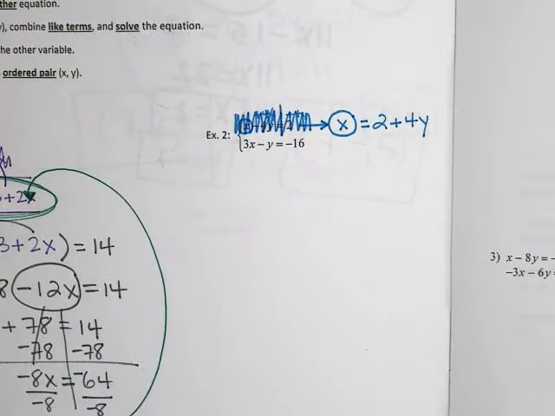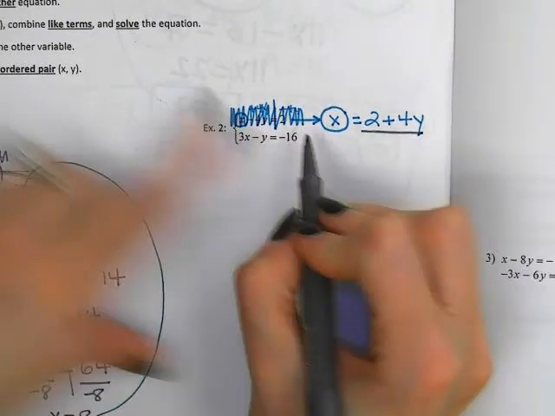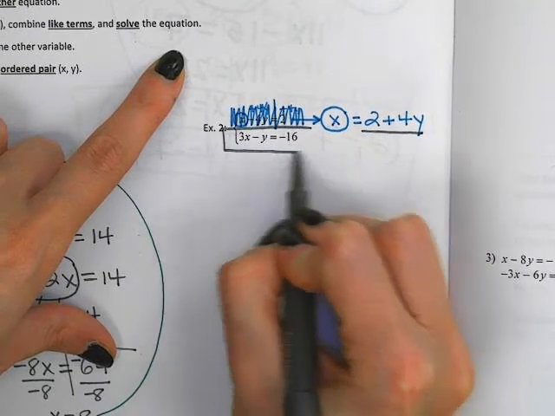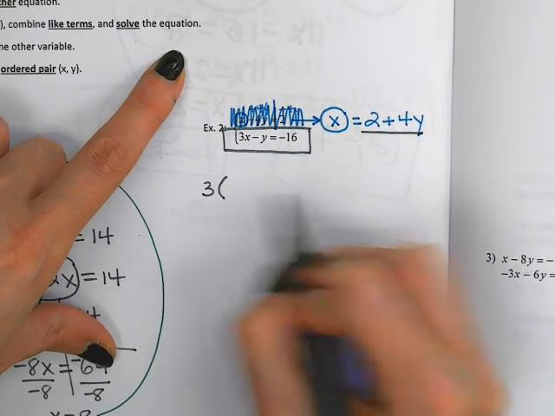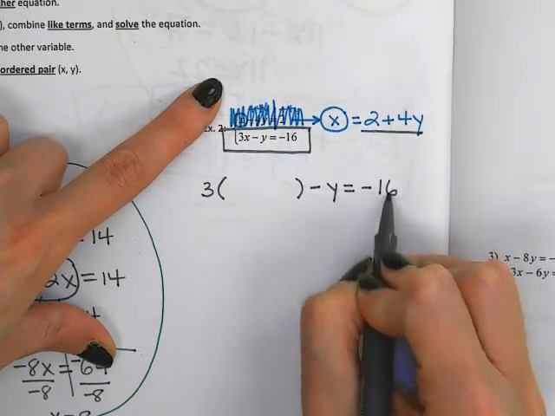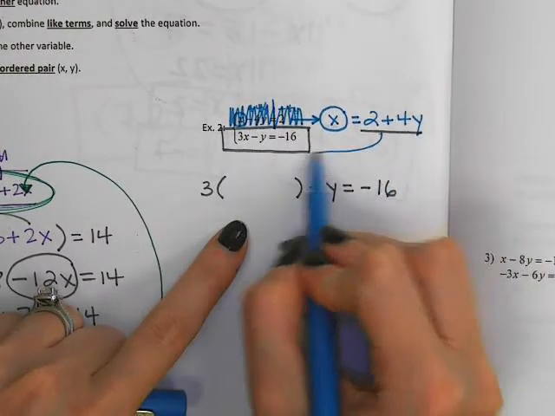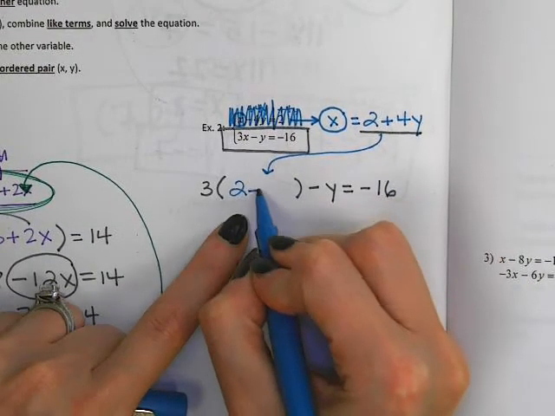And now we're ready for the substitution. Okay, so x is 2 plus 4y, which means when we rewrite this problem, instead of writing the x, I'm going to rewrite this problem, but in for the x, I'm going to replace it with 2 plus 4y.